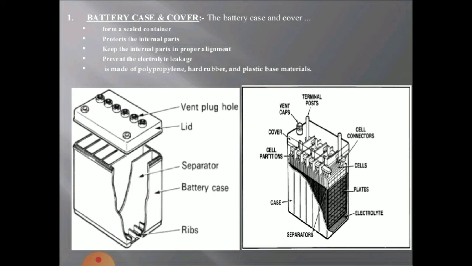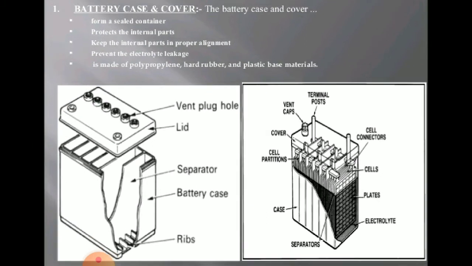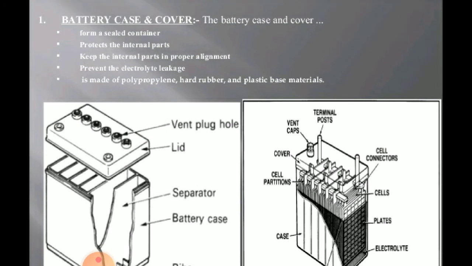The battery casing is a kind of cover provided over the battery which forms the sealed container. It must be sealed because it has a lot of important parts in it, like acid placed as an electrolyte. If it leaks, the battery's working goes down and efficiency is also less.